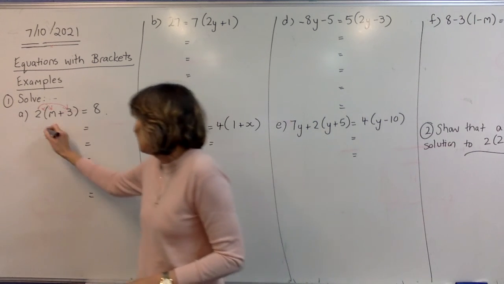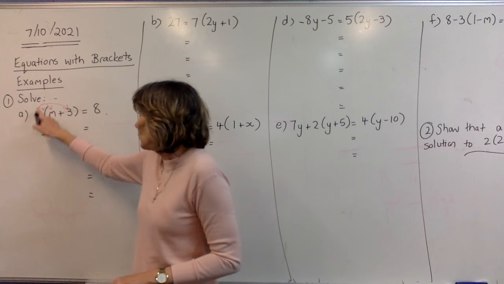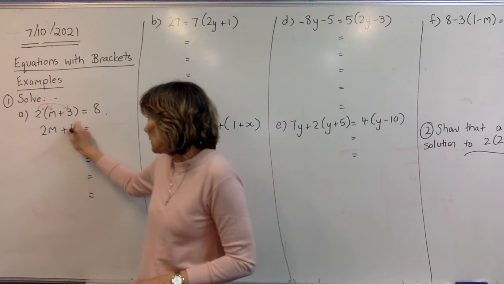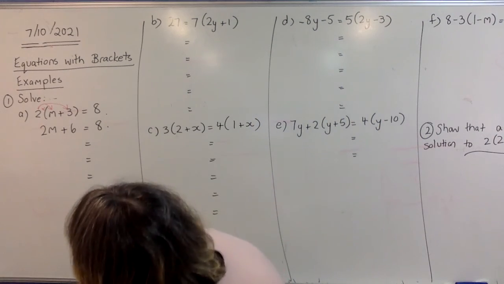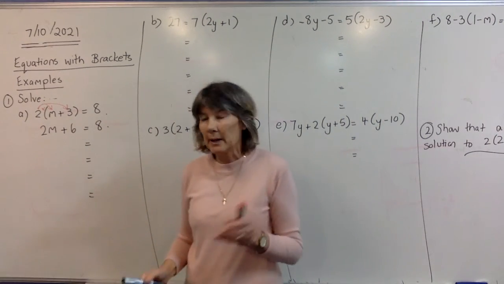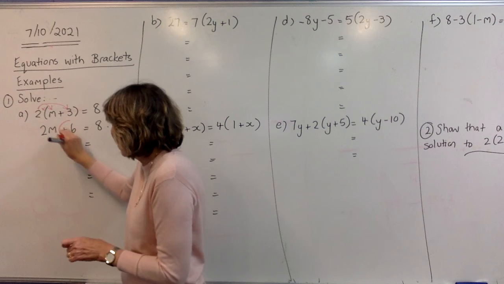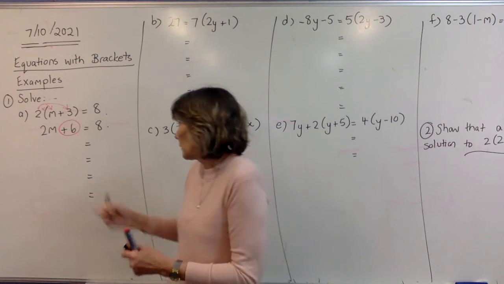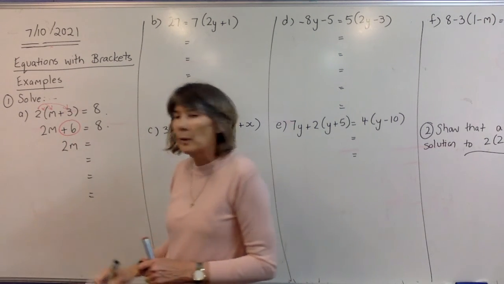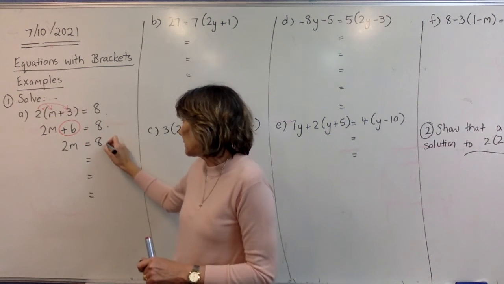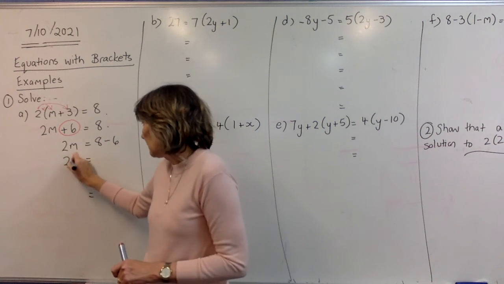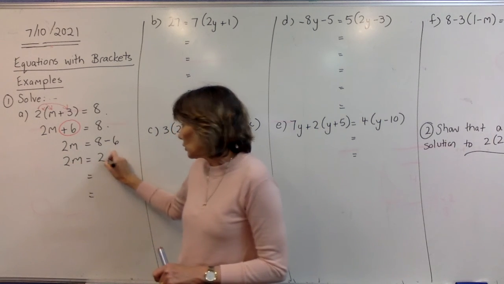2 times m, 2m, 2 times positive 3, positive 6. All right, next step. So we're looking at eventually getting that m by itself. So the first thing we're getting rid of is the plus 6. So we're going to have 2m still here, copy down the 8, and now we're doing the opposite of plus 6, which is minus 6. All right, work that out. We've got 2.